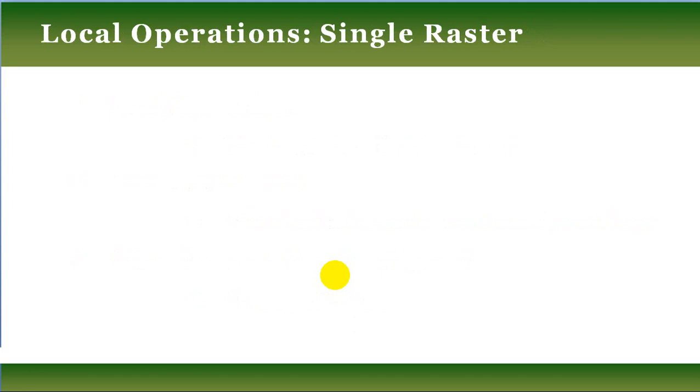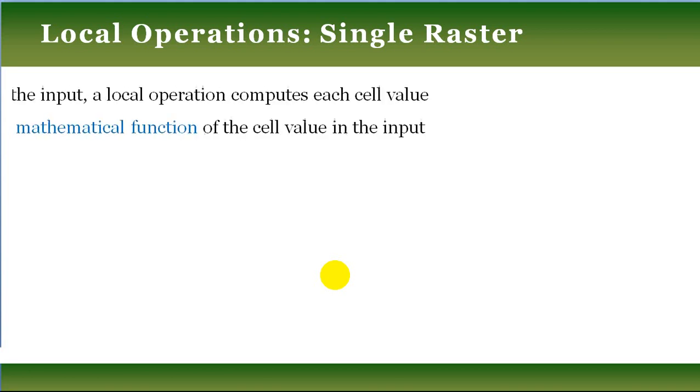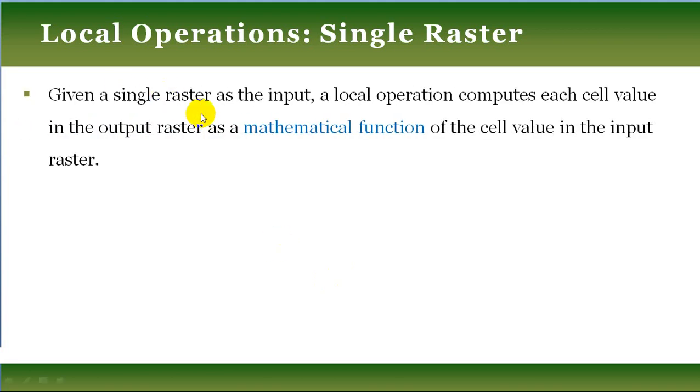First is the local raster operation, based on only a single raster. When you have only a single raster, based on this raster we can perform a local raster operation. Given a single raster as the input, a local operation computes each cell value in the output raster as a mathematical function of the cell value in the input raster.